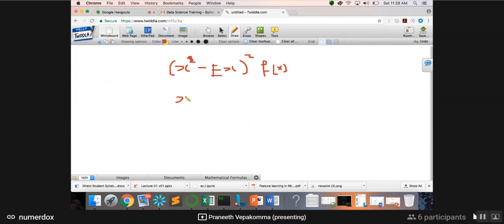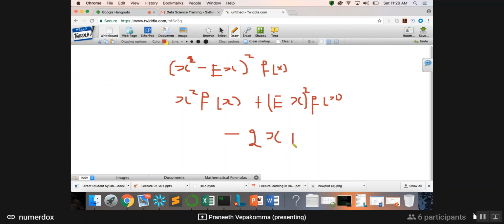So when you square this up, you get x squared f of x, plus expectation of x, the whole square, times f of x, right? And then you have negative 2 times x times expectation of x times f of x.